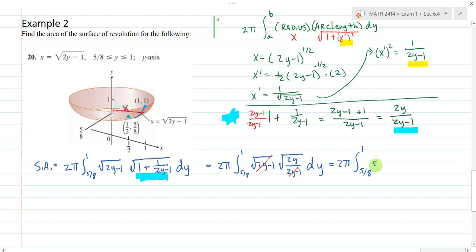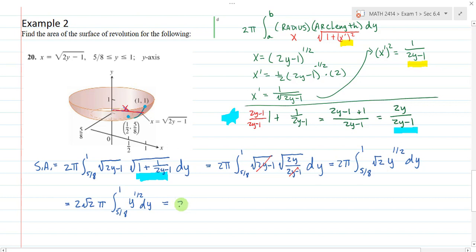Well, that's just the square root of 2 times the square root of y, which I can write as y to the 1/2 dy. Now the square root of 2 is a constant, and I can pull that constant out of the integral, can't I? That's going to give us 2 square roots of 2 pi times the integral from 5/8 to 1 of just y to the 1/2 dy.